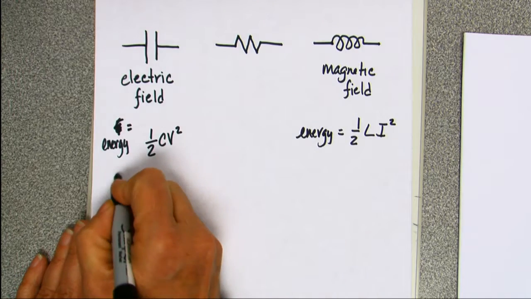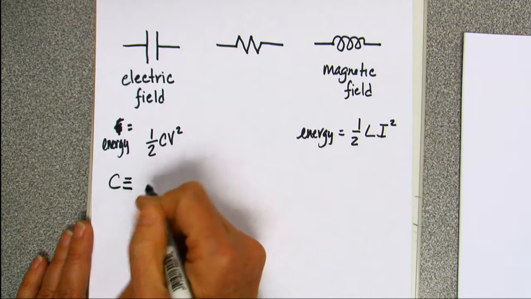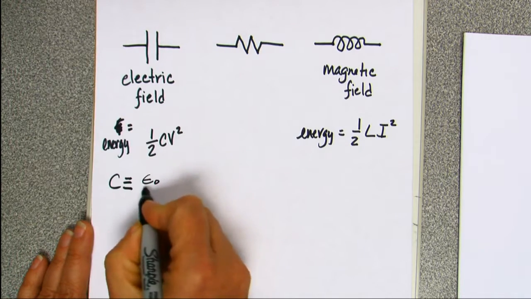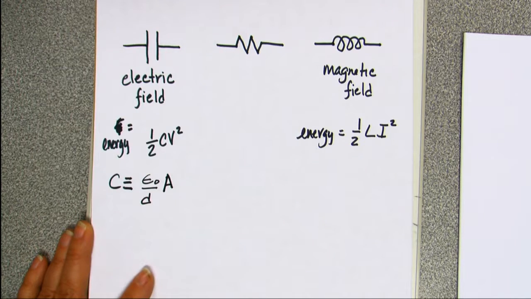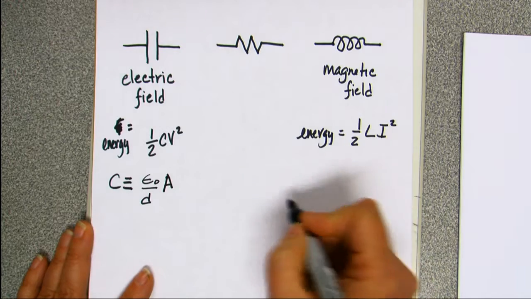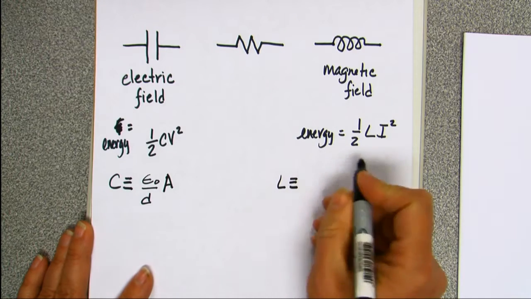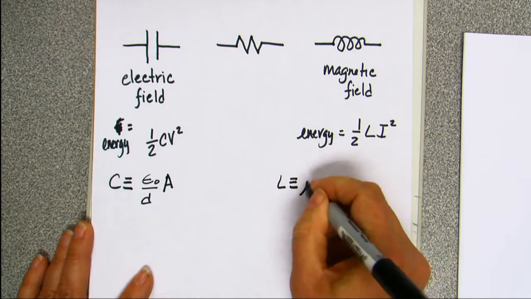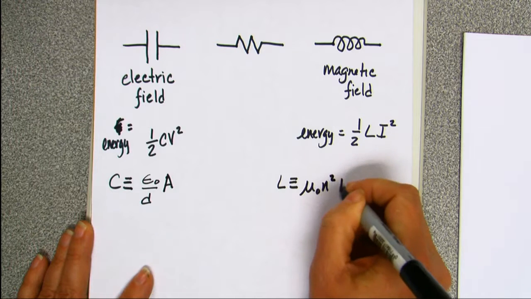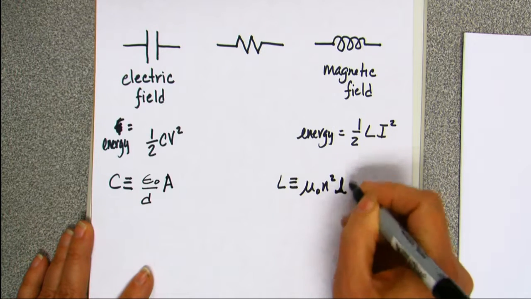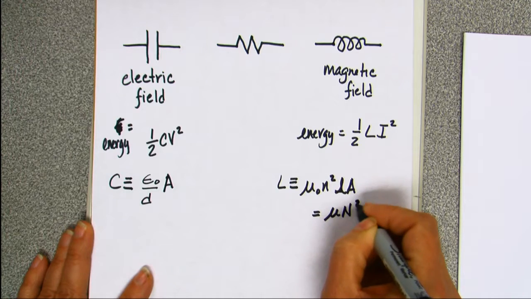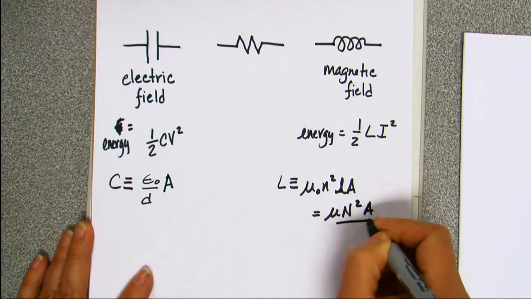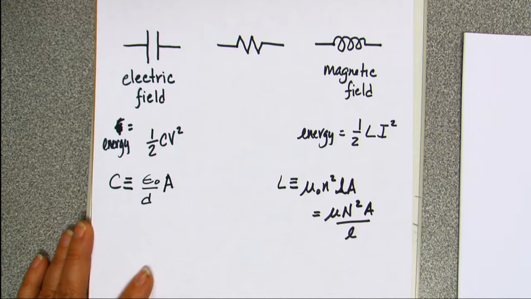We define capacitance as our permittivity of free space times the area of our capacitor divided by d. We talk about L being mu n squared times area divided by length.